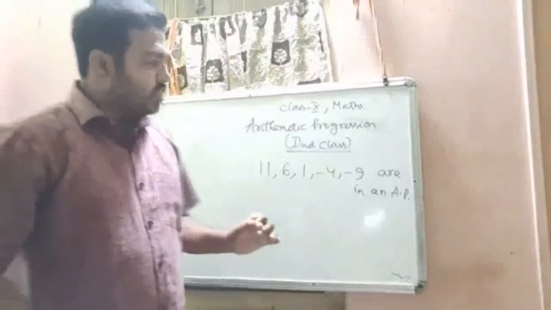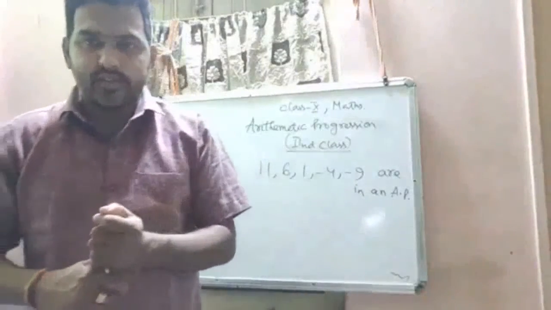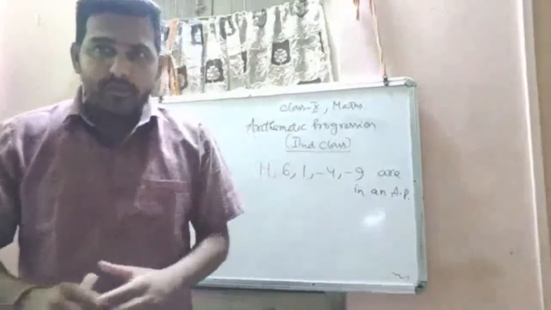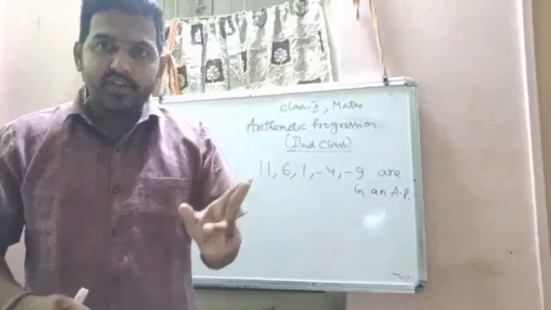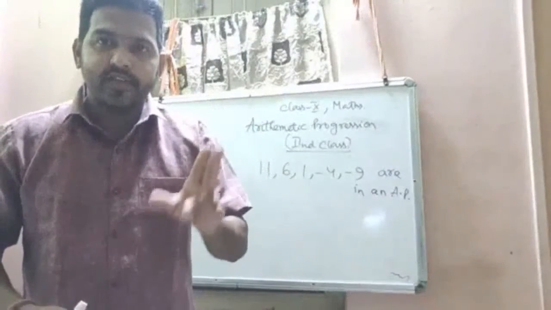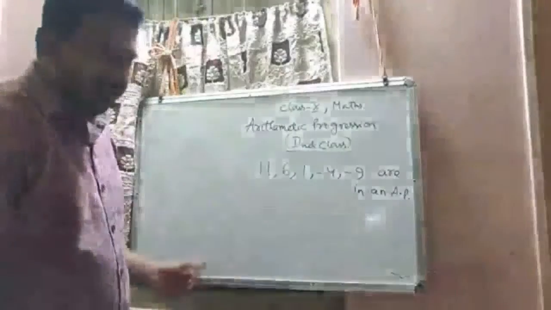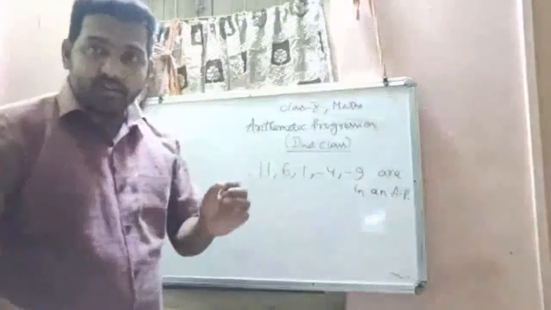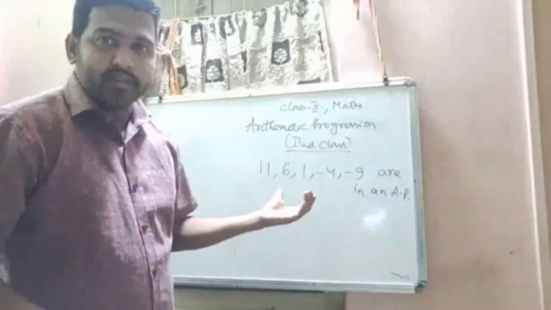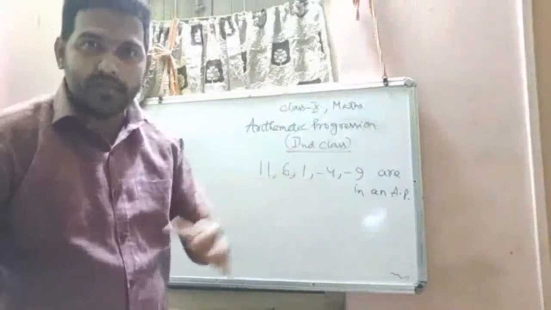In the first class we have discussed, in order to form an AP, the difference between any two successive numbers should be the same. That is known as common difference. So let's find it out. Even before doing the math, we are not sure whether it will form an AP or not.